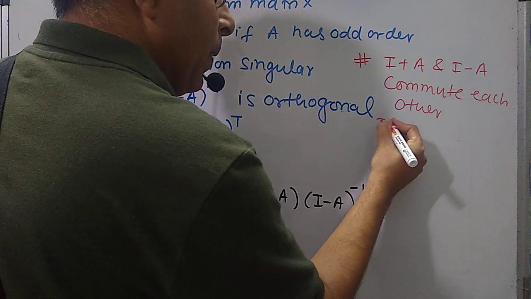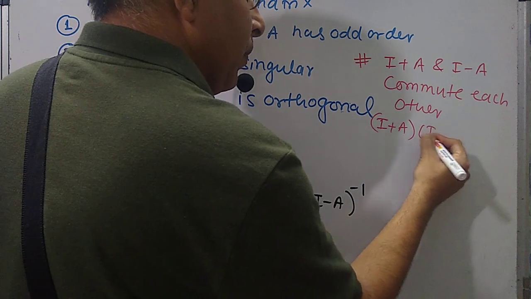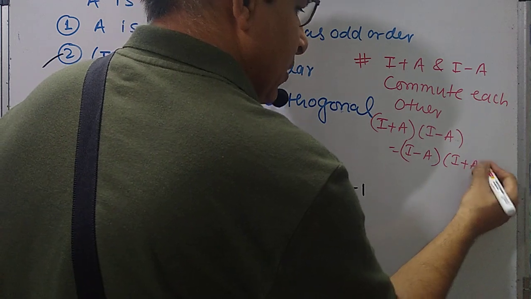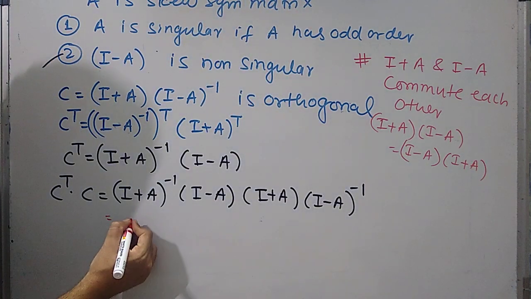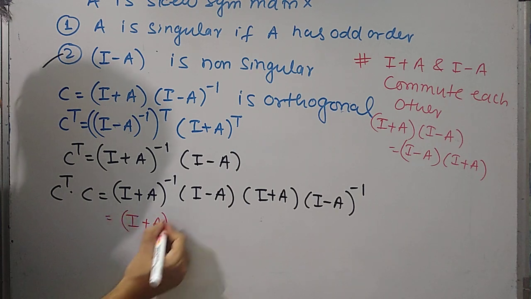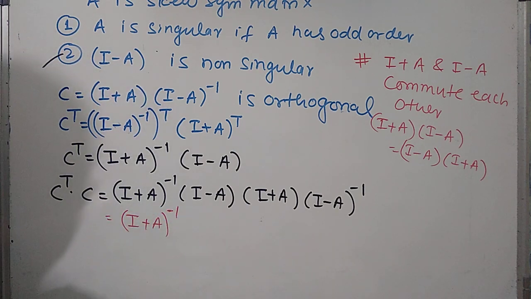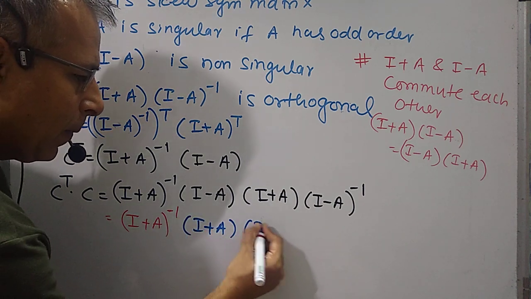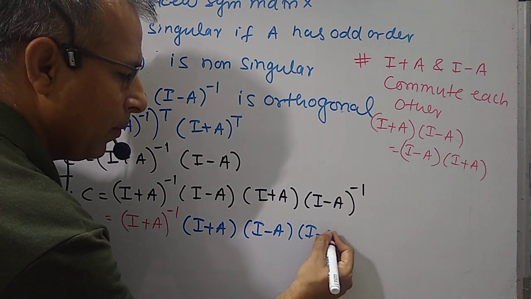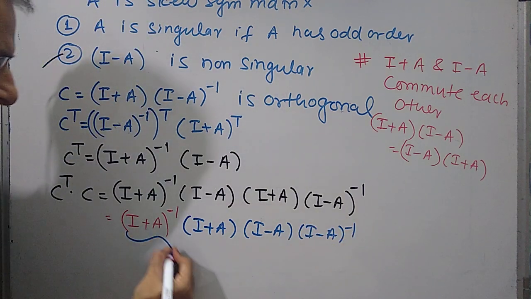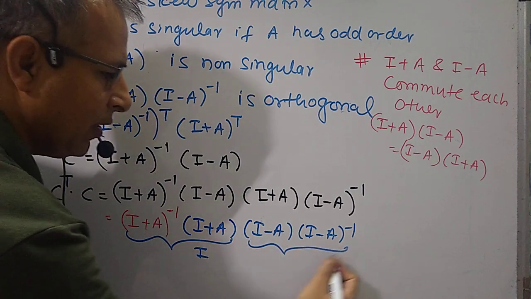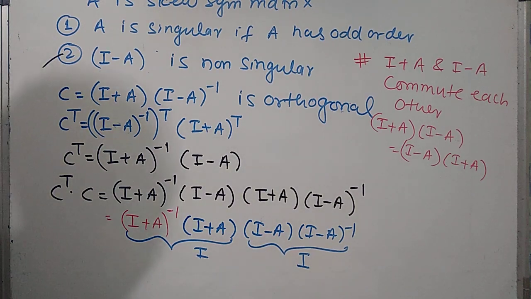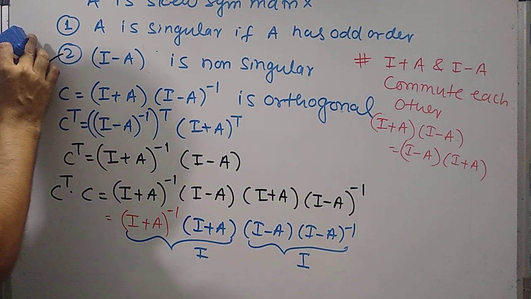That means (I plus A)(I minus A) equals (I minus A)(I plus A). So we get (I plus A) inverse multiplied by (I plus A)(I minus A) multiplied by (I minus A) inverse. This is identity matrix and this is identity matrix. So we get C transpose into C is identity matrix. So C is an orthogonal matrix.